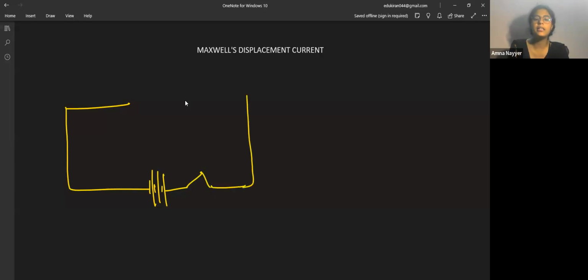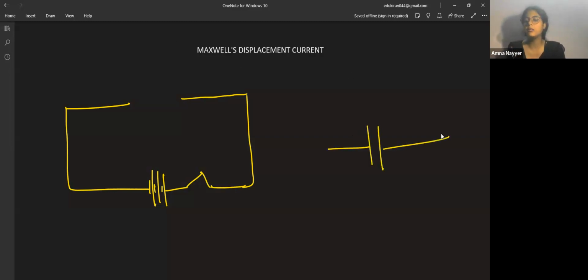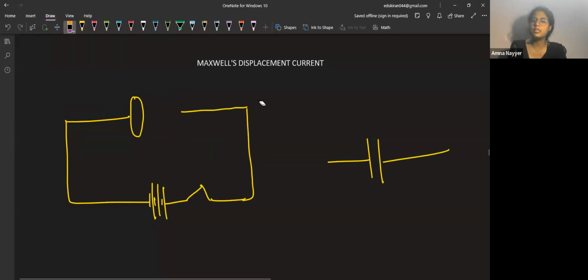At the ends, the way we connect a capacitor, he connected circular plates capacitor. Usually we write capacitors like this, but in a circular manner, because these were circular plates. So this is actually a capacitor only.